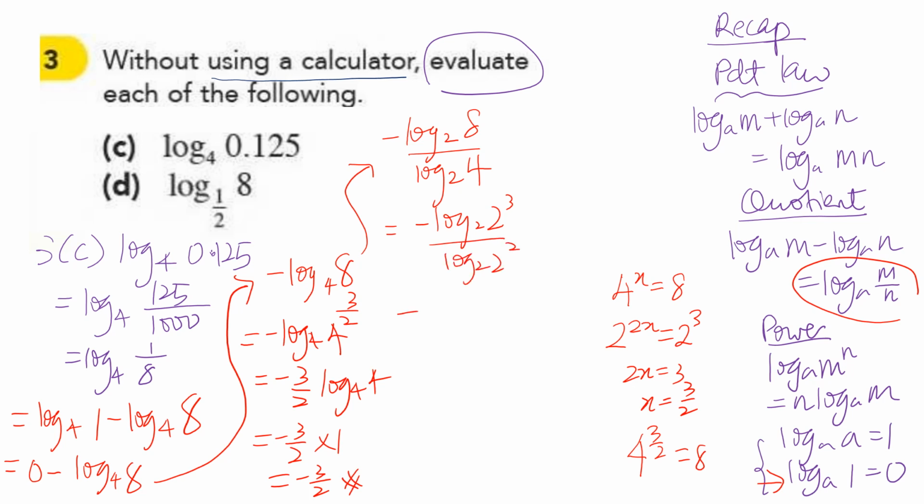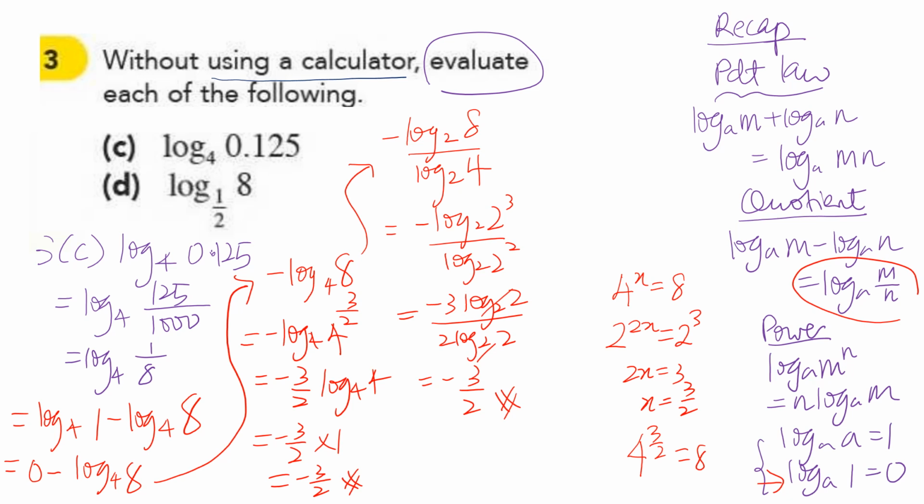Apply your power law, and you get negative 3 log base 2 of 2 over 2 log base 2 of 2. The log base 2 of 2 cancels off, so finally you get negative 3 over 2. So this is a second way of doing it. It depends on whether you use the first method or the second method, which is the change of base.